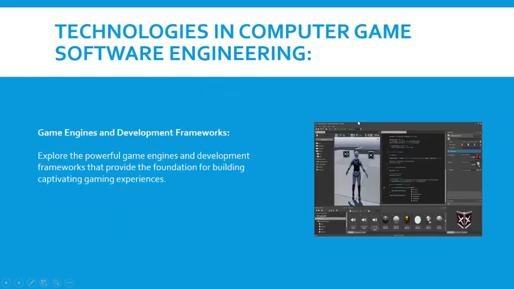So what are the major technologies we are going to use in computer game software engineering? Game engines and development frameworks. There are numerous types of frameworks provided on the internet or in the market to be used to develop game software, but it takes a lot of time to do that.